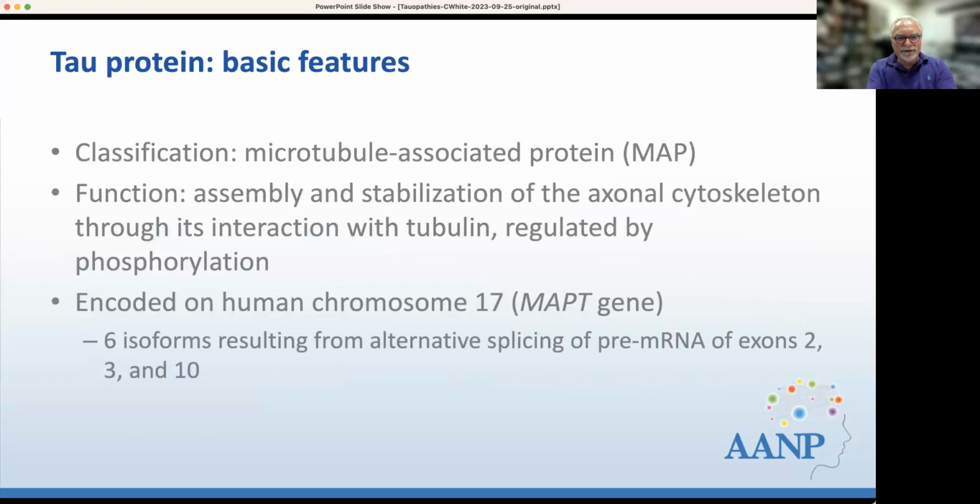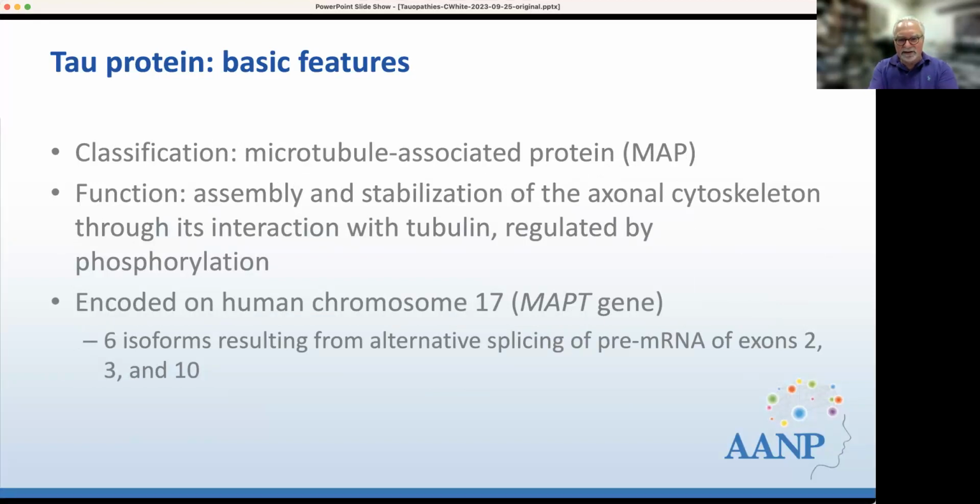The basic features of tau protein are important to understand so that we get an idea of the basis of these disorders. Tau protein is classified as a microtubule-associated protein, its main function being to facilitate the assembly and stabilization of primarily the axonal cytoskeleton of neurons through its interaction with tubulin, and these interactions are regulated by the phosphorylation of the tau molecule.